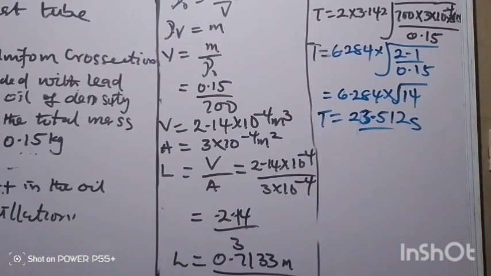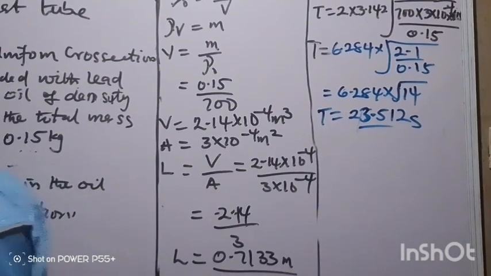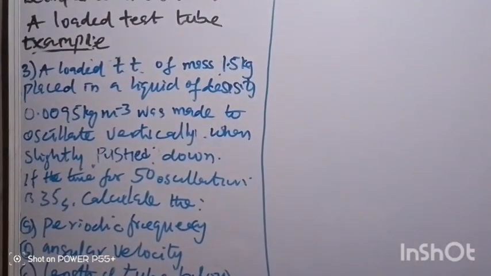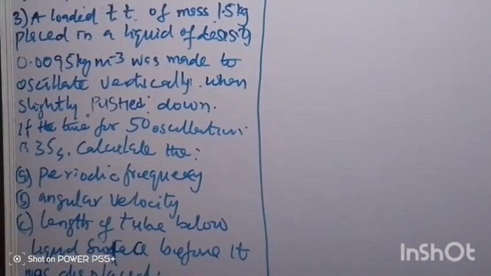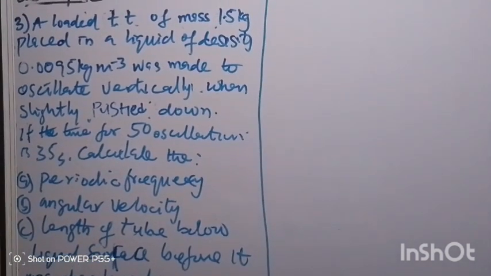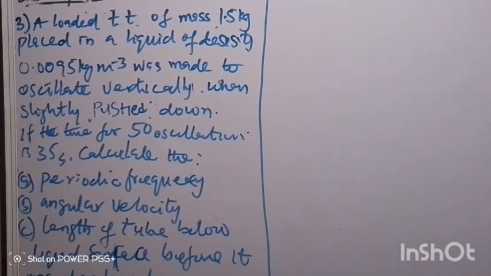Now, take this one as example 3. A loaded test tube of mass 1.5 kg placed in a liquid of density 0.0095 kg per meter cube was made to oscillate vertically when slightly pushed down.